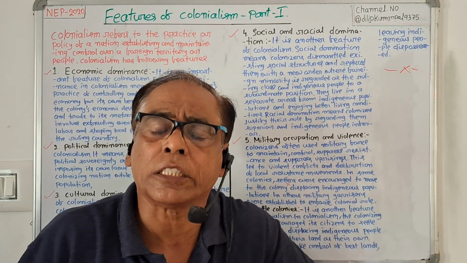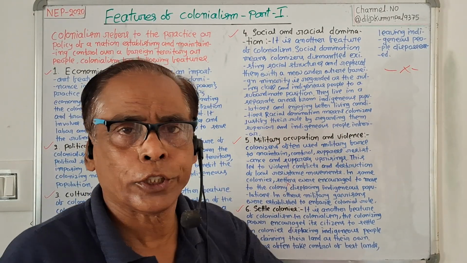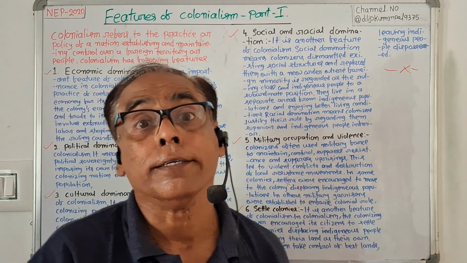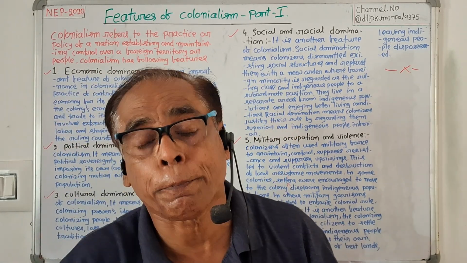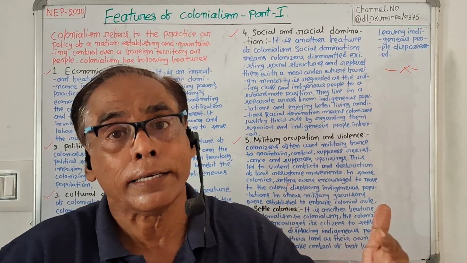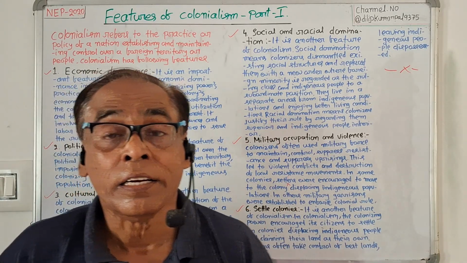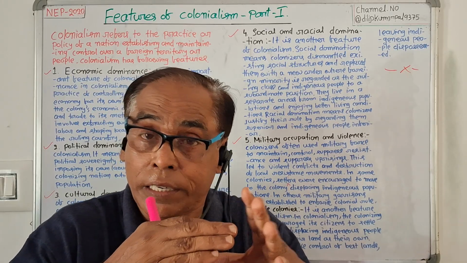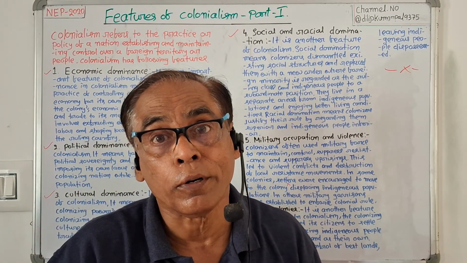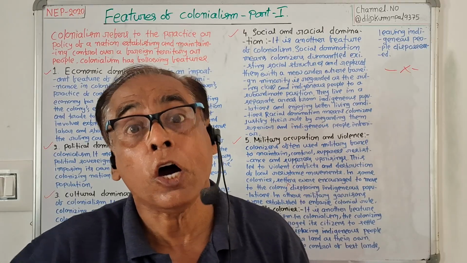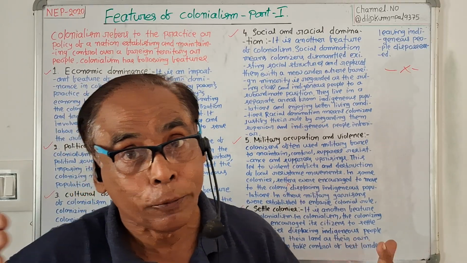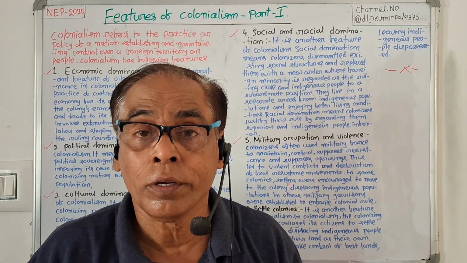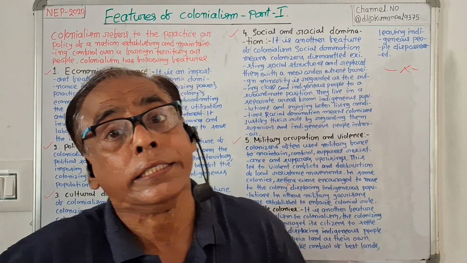It means the colonizing nations encourage their people to settle in colonies by displacing original people. They encourage their people to claim the land of indigenous people as their own, and the people of the colonizing nation take the best land of indigenous people.